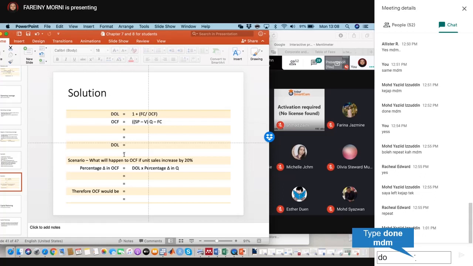So you put in this value, selling price 40,000 minus 20,000, times Q that we are looking for, minus fixed cost 500,000, times 1 minus tax, and then plus depreciation 700,000 times tax. Alright, so you get cash break even of 10 units.